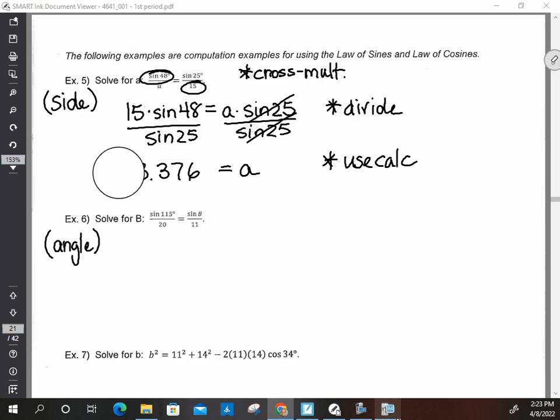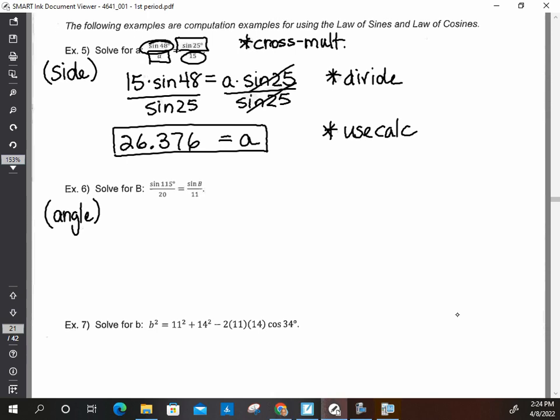So cross multiply, divide to get the variable by itself, and then use your calculator to get your answer. Again, pretty simple and pretty straightforward.